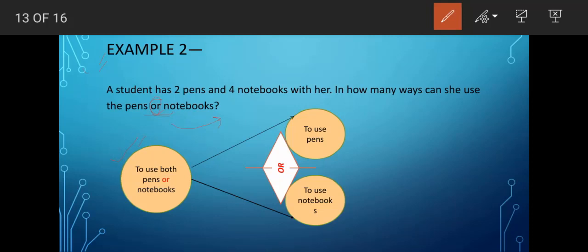If it is divided into 2 sections of work, the first task will be to use pens, and the second task is to use notebooks. Both tasks are not required; only one out of these two will be needed, either to use pens or to use notebooks. Therefore, "or" is written in between.